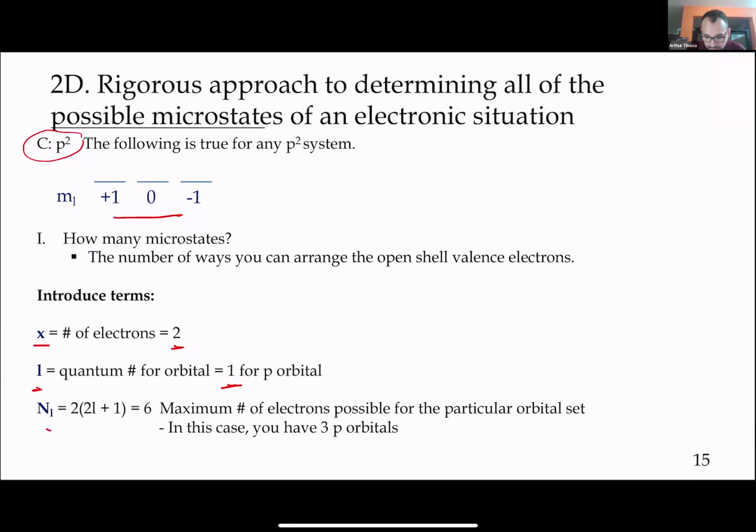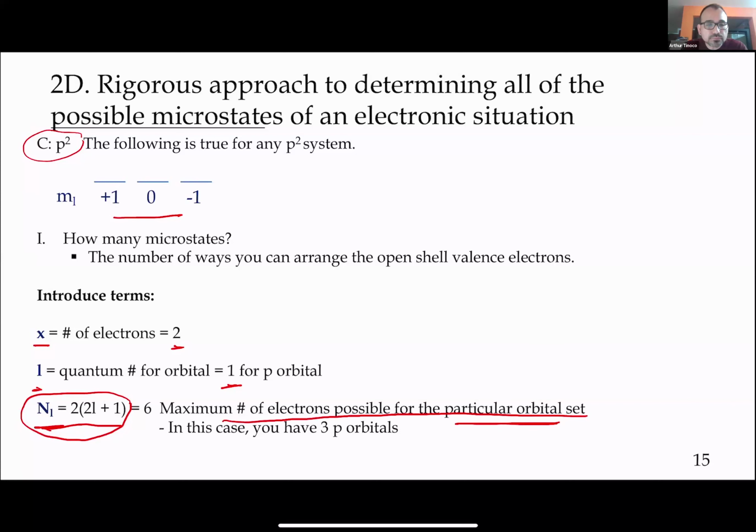Then another terminology is this expression here, N subscript l. N subscript l equals 2 times, in parentheses, 2l plus 1. Okay, so what does this actually represent? Well, here we're trying to calculate the maximum number of electrons possible for the particular orbital set. Okay, so that's what this is expressing. The maximum number of electrons possible for the particular orbital set.